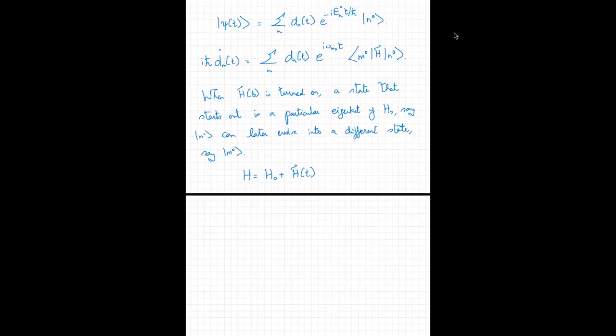Okay, so we wrote down this formula that determines the rate of transition. For example, what is the rate at which the state n0, the initial state, becomes a different eigenstate of the original Hamiltonian? Only because this H tilde is making curious things happen.